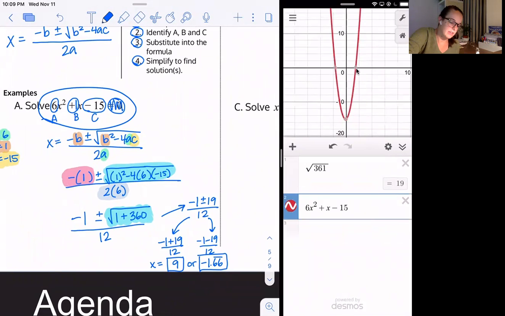Press the home button here, there we go. I'm going to select this, 1.5 and negative 1.66. So I must have gotten one of these wrong. Let's look back here. Oh, it looks like this one right here. I got negative 1.66, but I didn't get 9. I got 1.5.